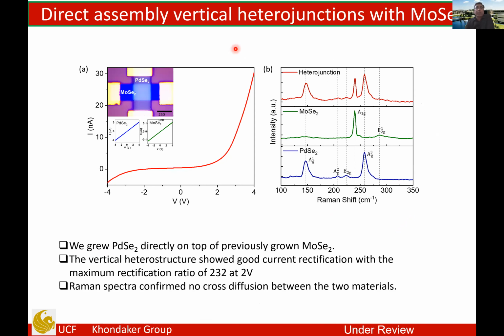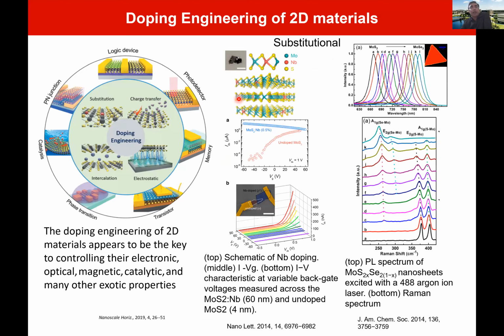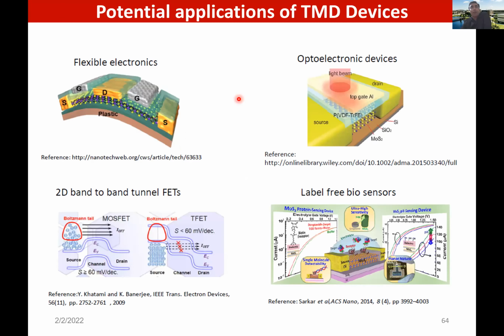You can create the vertical heterojunction that I was telling you about. This is a palladium diselenide, molybdenum diselenide heterojunction, and there are many other applications. You can do flexible electronics, optoelectronic devices, biosensors. We are currently working on a biosensor project.